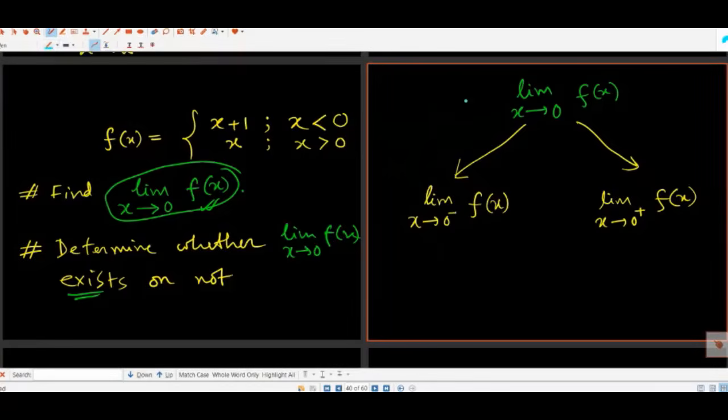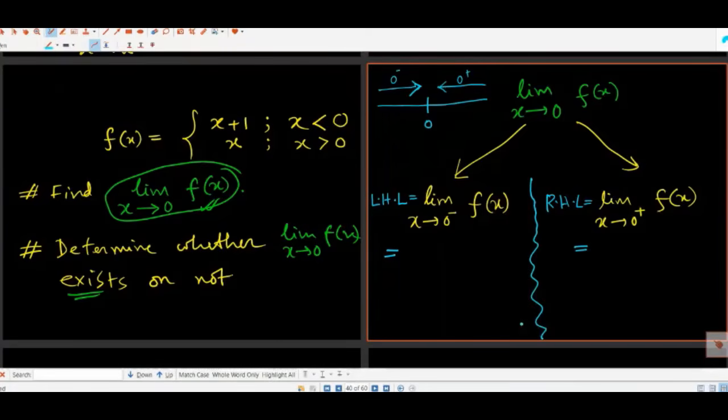Let me show you on a number line. We have the number 0. 0 plus means we are coming from the right side, and 0 minus means we are coming from the left side. In short, the limit of f of x when x approaches 0 minus is known as the left hand limit, and for 0 plus it is the right hand limit. The limit will exist if the left hand limit and right hand limit are the same.